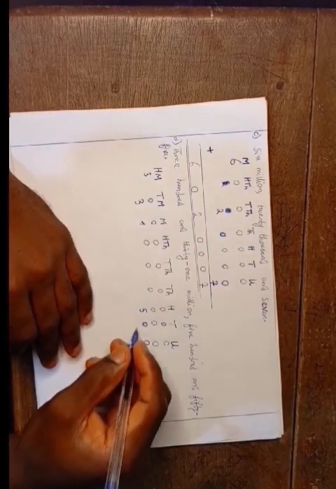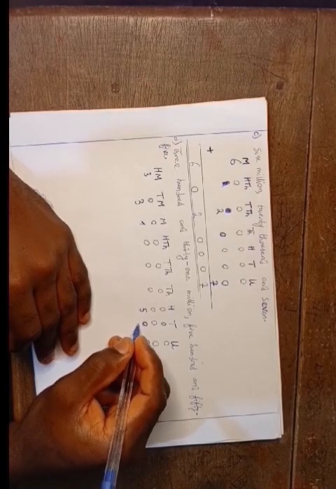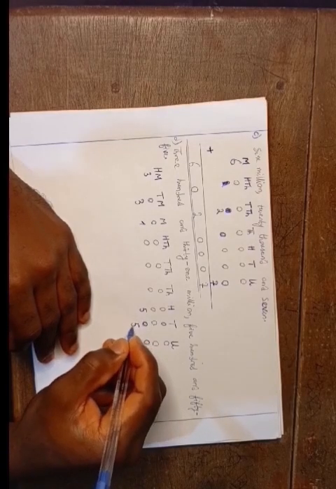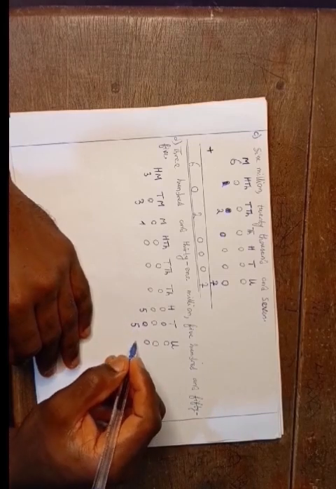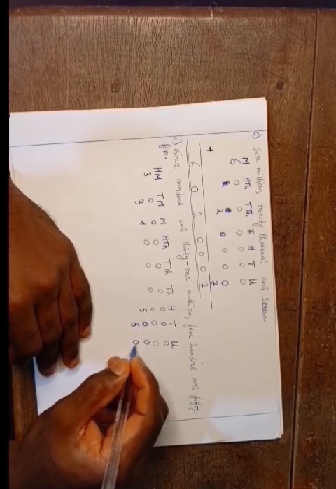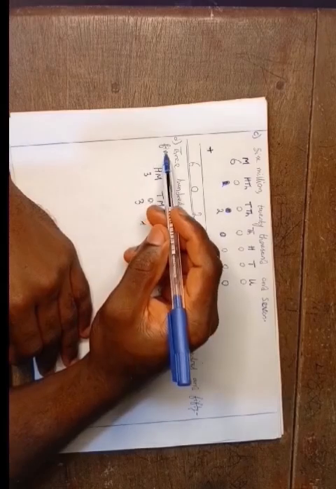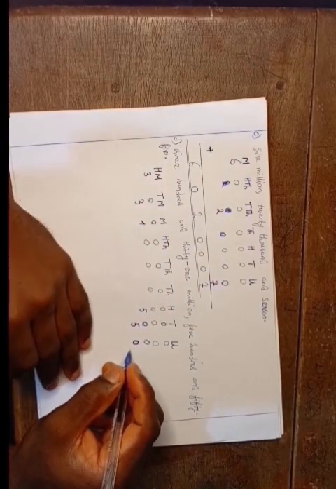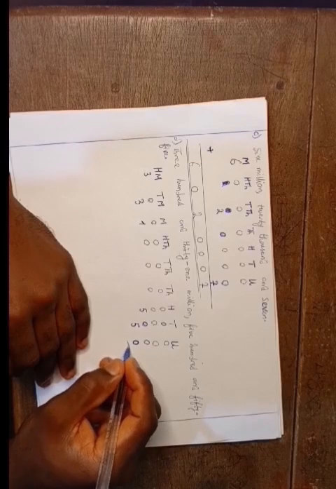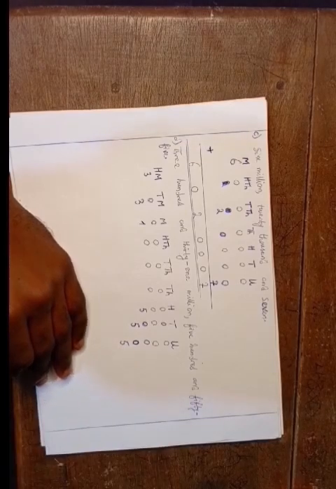So I'll write down 5 under tens here and fix a 0 here for 50. Then we are left with 5, which is for 5 units. And I'll write it under the units as such.